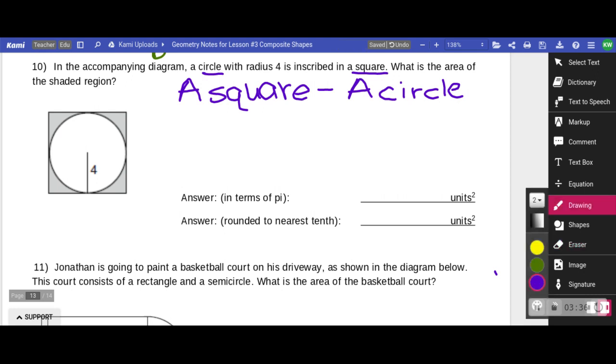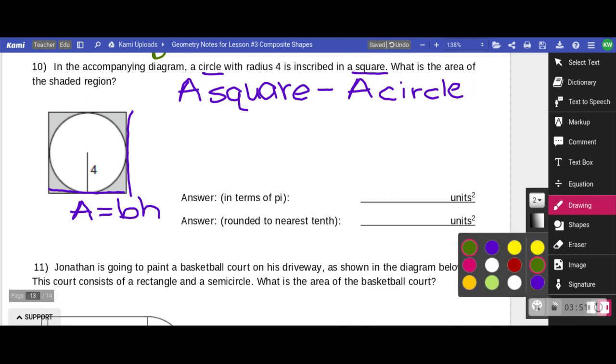Now to do the area of the square, you guys can do side squared, or you can do base times height, which is the same formula that we would use for any parallelogram. So the base here, they don't have labeled. The height, they don't have labeled. But they do tell us that the radius of the circle is 4. And if the radius of the circle is 4, that means that the entire diameter of the circle would be 4 times 2, which would be 8.